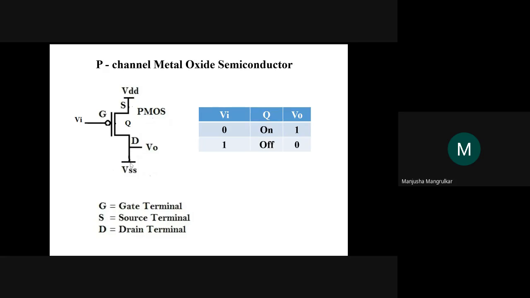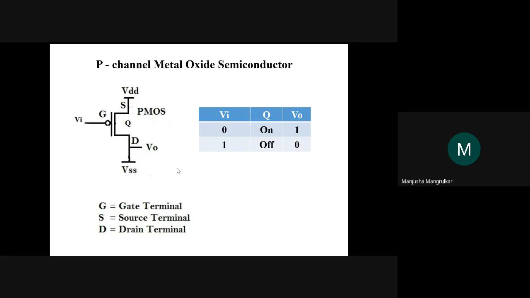So automatically your output voltage is 0. So if you are giving an input 1 to the PMOS, your output will be 0. So this transistor will act as an inverter. If you are giving an input 0, you will get output 1.